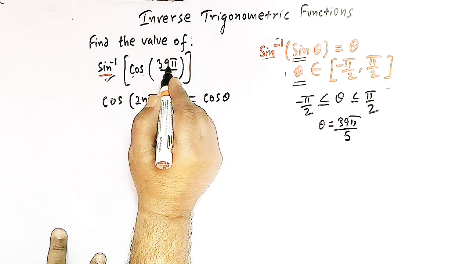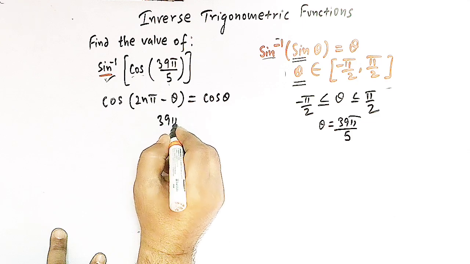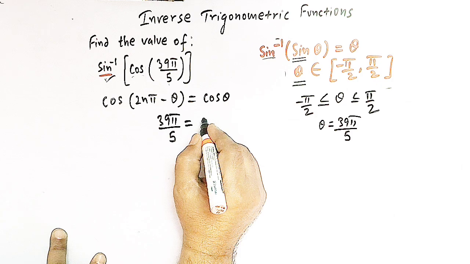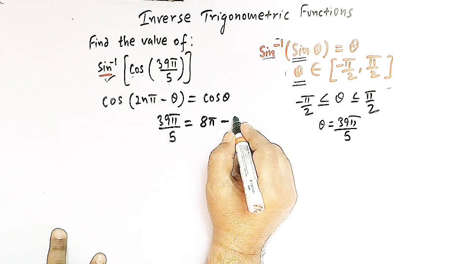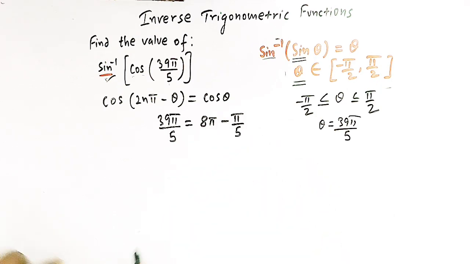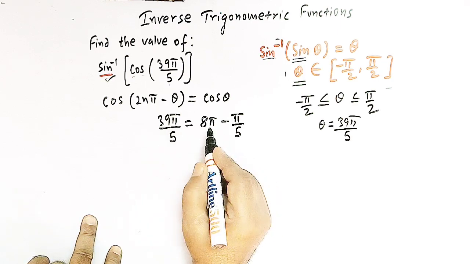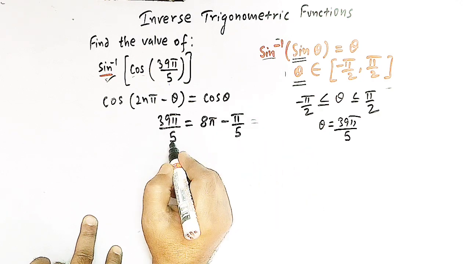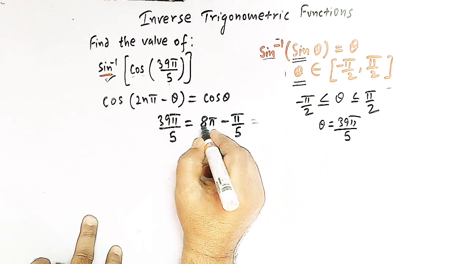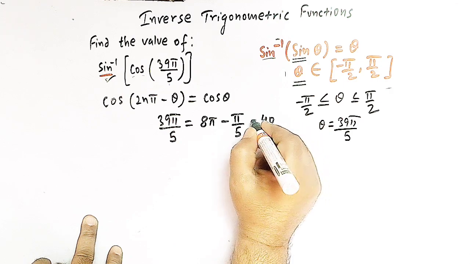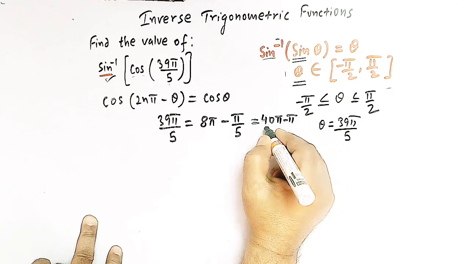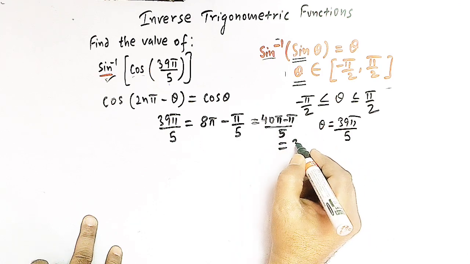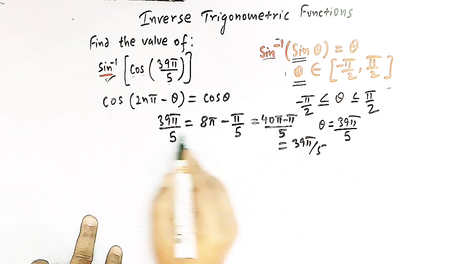So if we split this angle, that is 39 pi over 5, as say here we have 8 pi minus pi over 5. So we'll express 39 pi over 5 as 8 pi minus pi over 5, because this is again equal to 39 pi over 5. That is 5 times 8 pi is 40 pi minus pi over 5, that is 40 pi minus pi is 39 pi over 5, which is same as this angle.